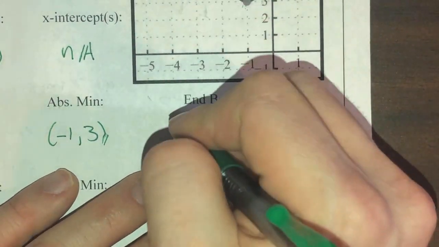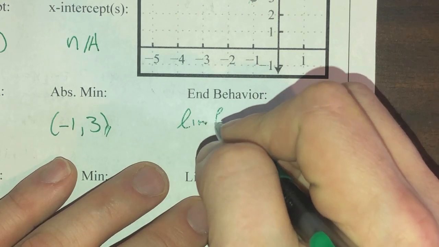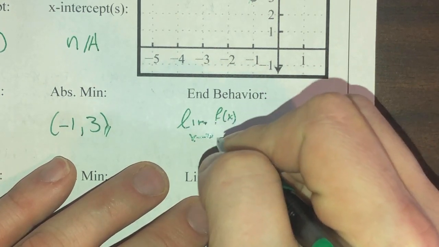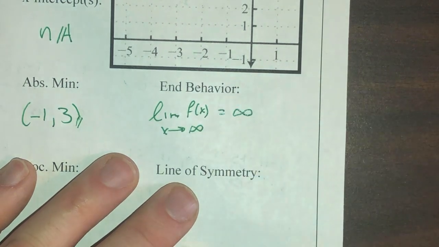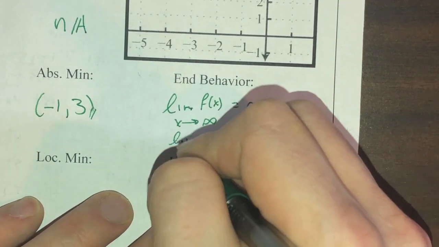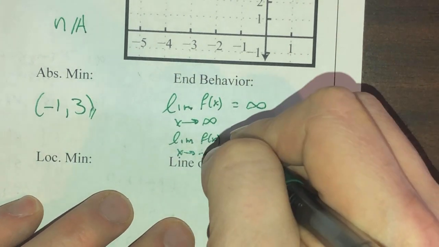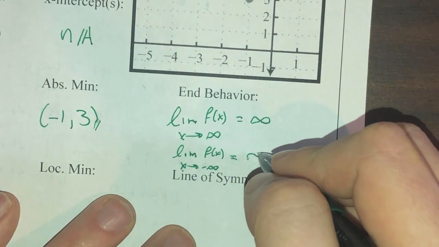End behavior. Okay, so I'm going to do the limit version. So the limit of f of x as x approaches infinity. So as x approaches infinity, f of x is equal to infinity. Okay, the limit of f of x as x goes to negative infinity is, well, as x goes to negative infinity, f of x goes to infinity.